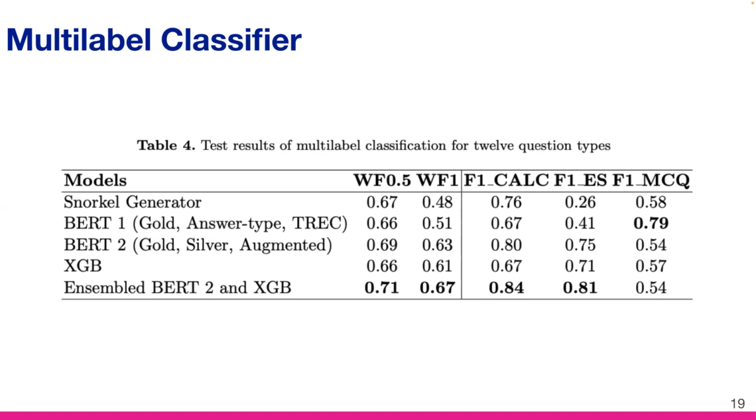Then we tried BERT2 with a combination of different data sets we had, and finally we found that BERT2 works better. So the combination of BERT2 with XGBoost with those handcrafted features finally gave us 0.67 weighted F1 score and 0.71 weighted F half.